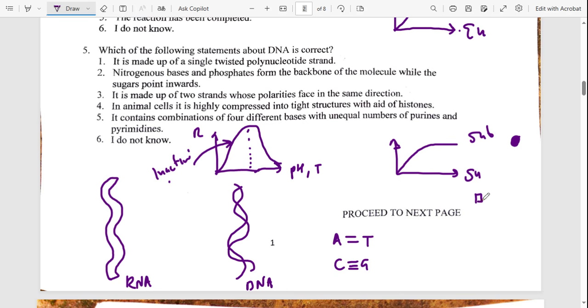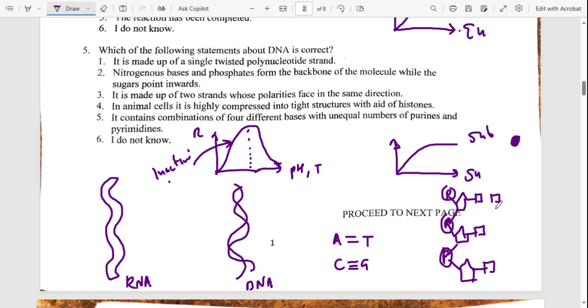This is your nitrogenous base. This is your pentose sugar. You have got a phosphate. Again, you are going to have a phosphate here with a nitrogenous base, again, and this will continue.